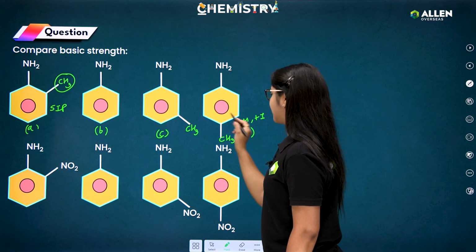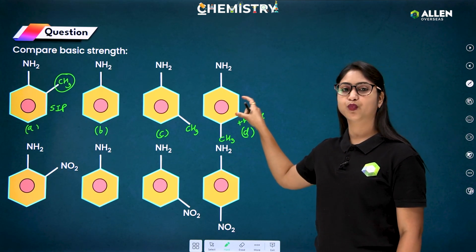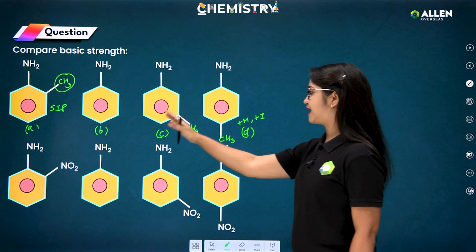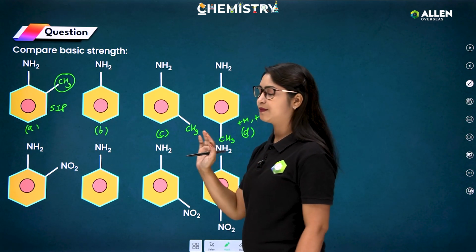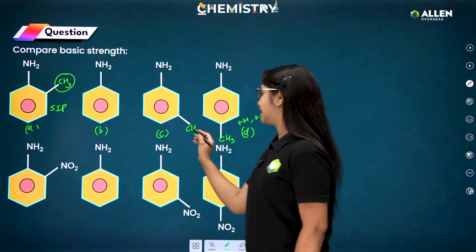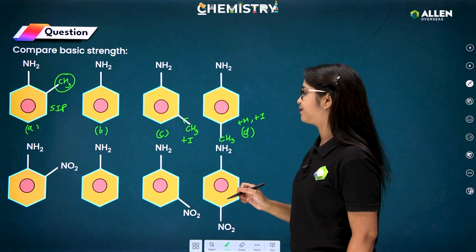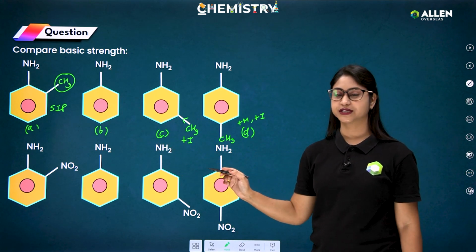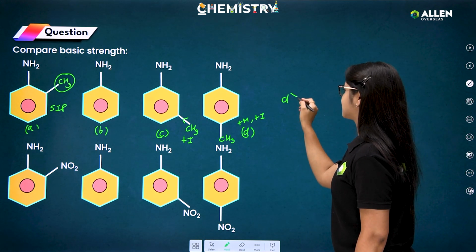Okay, so that's why this D, due to hyperconjugation, this D compound will become most basic, comparatively. In C, methyl is present at the meta, so hyperconjugation will not work, only the plus I effect will be working. Whereas in B, there is no electron donating group, right? So comparatively, I can say D is most basic.